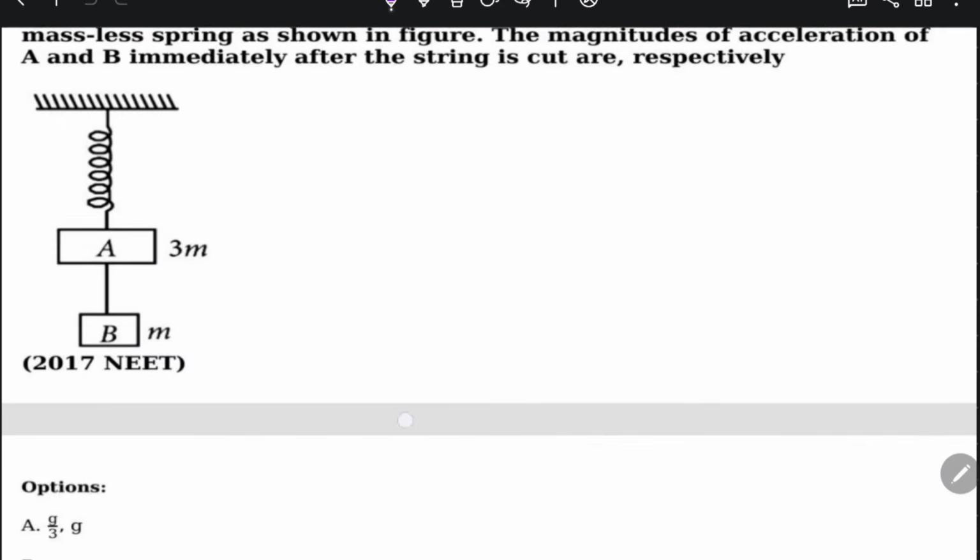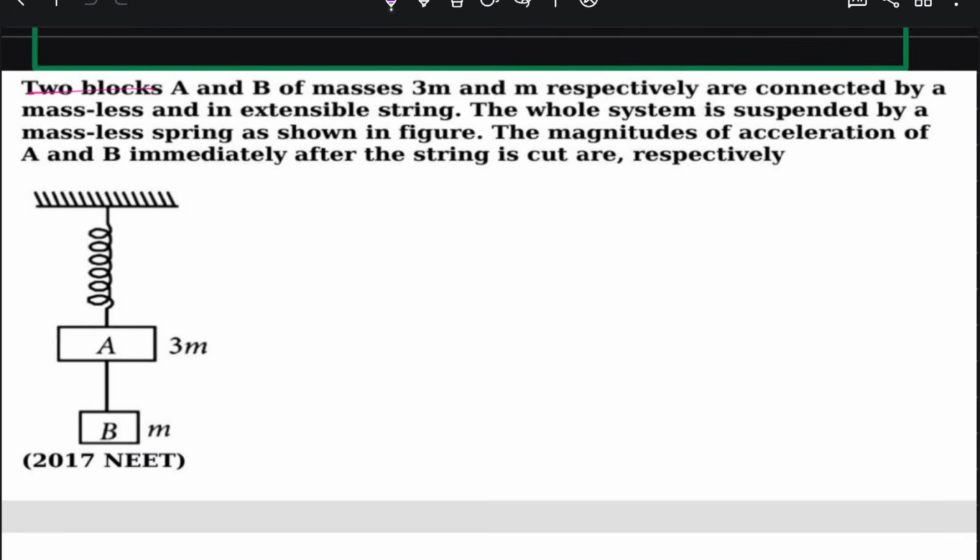So I proceed to the next question. This question is also very interesting. Two small blocks A and B of masses 3m and m respectively are connected by a massless inextensible string. So this block A has a mass 3m, spring force Kx, 3mg also acting, and tension.